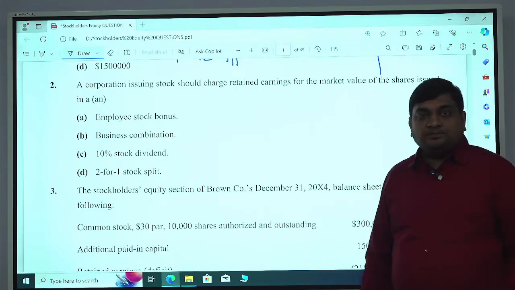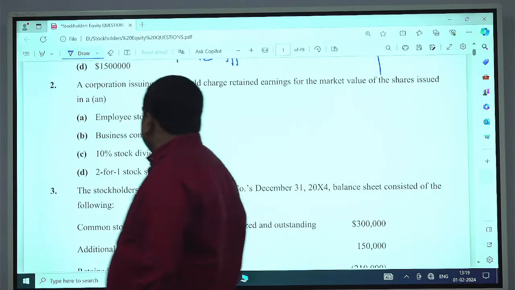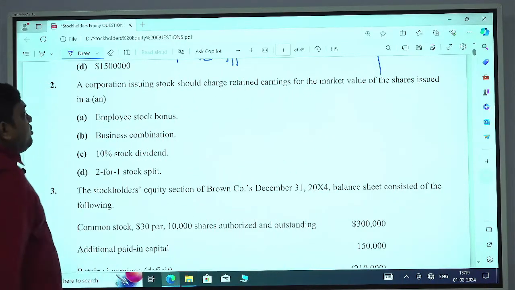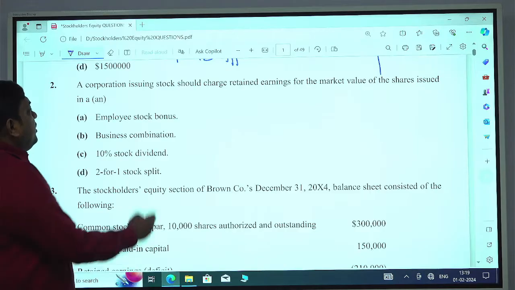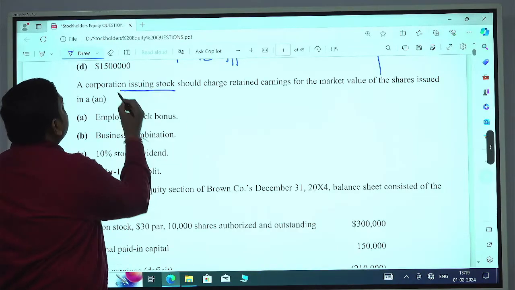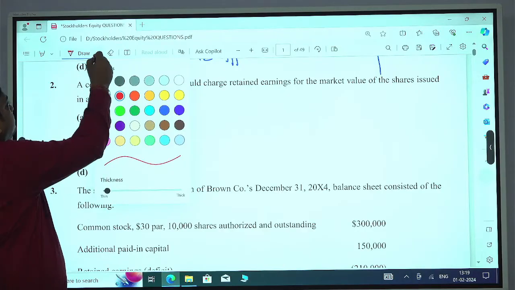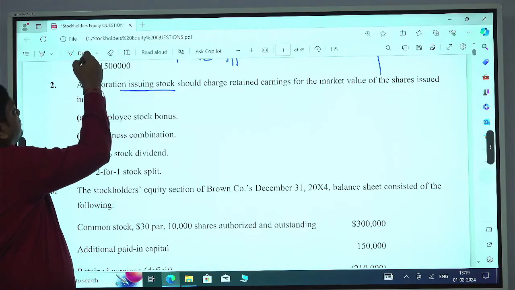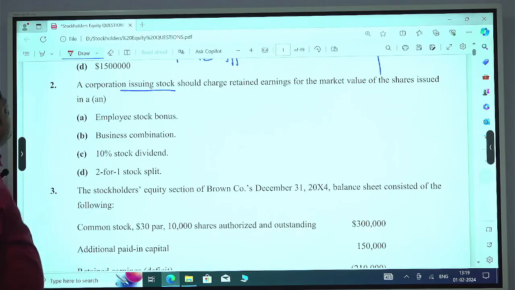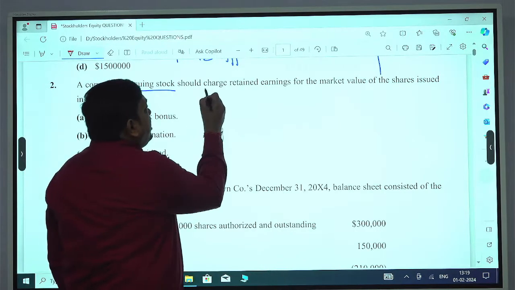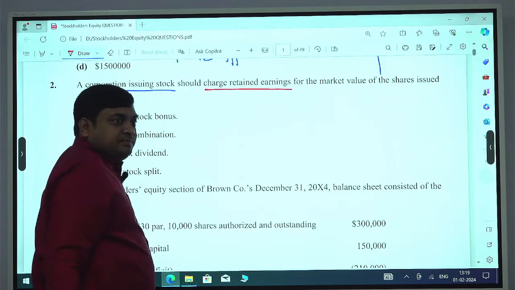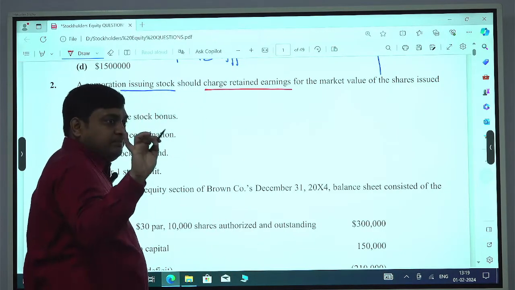Question number 2. A corporation issuing stock. Now, when do you charge retained earnings? Listen to me.